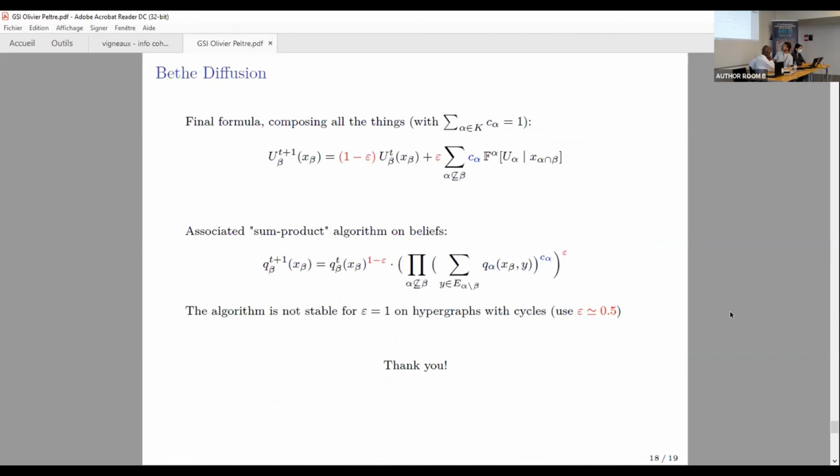So BP was usually considered for epsilon equal 1 here, but it gets really unstable on hypergraph cycles if you don't take care to have epsilon of order at least 0.5. It doesn't have to be anything small because you are only interested in the large time asymptotics of diffusion. But if it's too big, or 1, then it may diverge. So thank you.